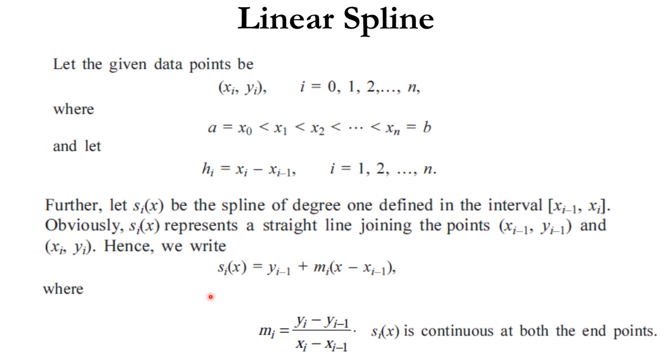So we write si of x equal to yi minus 1 plus mi into x minus xi minus 1. We have written it in this form to ensure the basic condition for interpolation, that the obtained function should agree at all given data points.